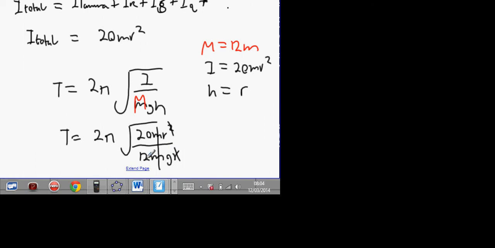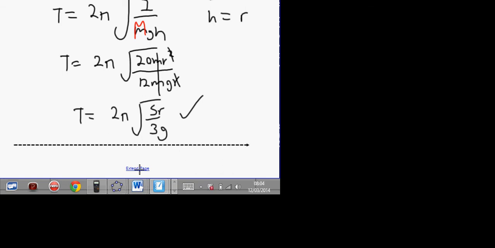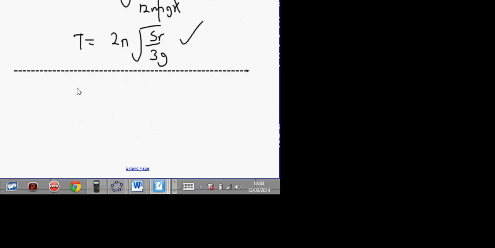Now, it next asks me to compare this to the period of a simple pendulum. You need to know the formula for a simple pendulum. It's 2 pi root L over g. It asks me for the equivalent simple pendulum. Equivalent means they're the same.